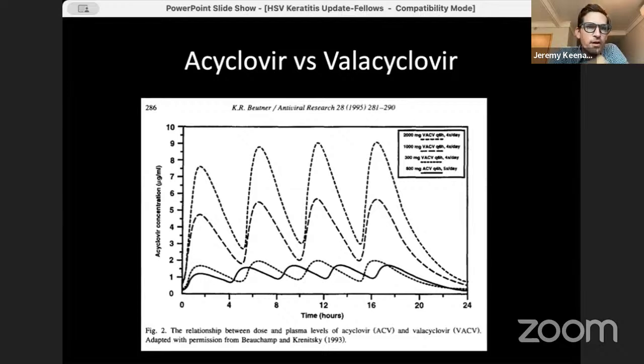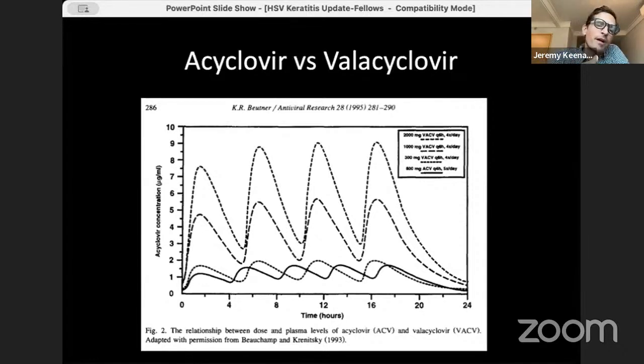So this is a graph looking at the bioavailability of acyclovir, the bottom solid line. And this is across 24 hours, that's 5 times a day dosing of the acyclovir. And then the top dashed lines are valacyclovir or Valtrex when you give it 4 times a day.